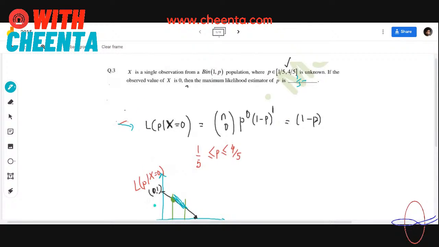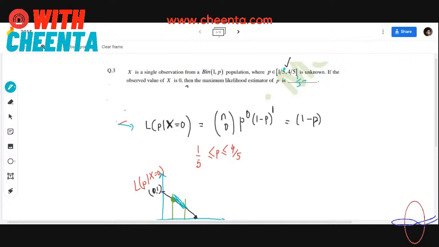If there was no restriction, it would have been 0, because 0 is observed, which also makes sense logically. An extension of the problem, which we'll discuss in the classes, is: what if there are n observations, x1, x2, ..., xn from Binomial(n, p)? The maximum likelihood estimator of p would be x bar.